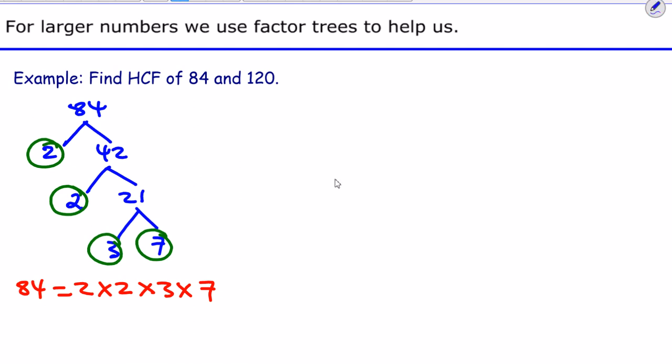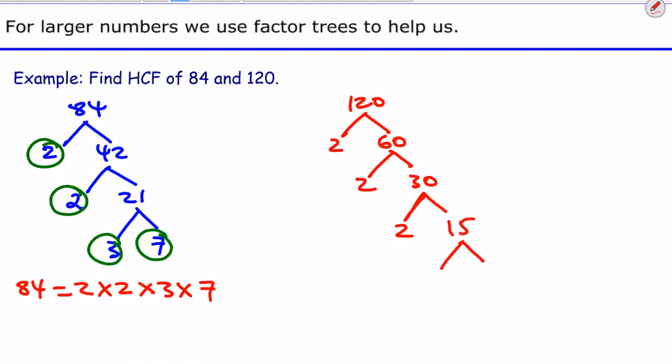Likewise, 120 is 2 multiplied by 60, which is 2 multiplied by 30, which is 2 multiplied by 15, which is 3 multiplied by 5.